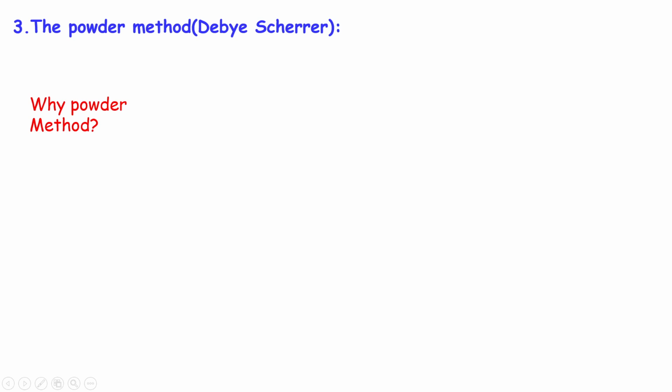In case of the Laue method and the rotating crystal method, these two methods are useful only for single crystalline material, and in the rotating crystal method we need to rotate the single crystal material.